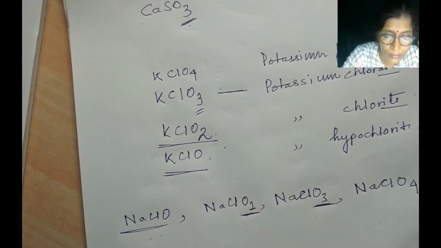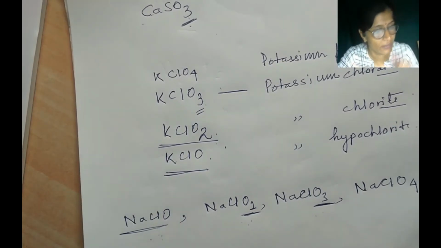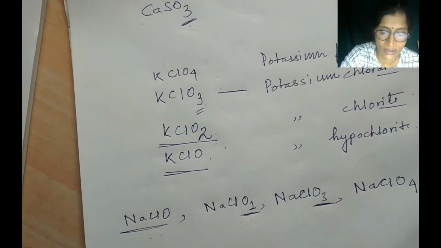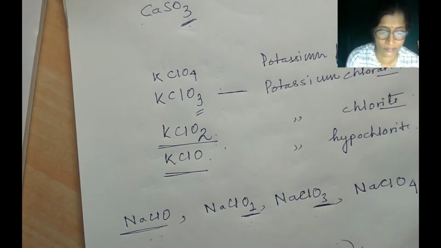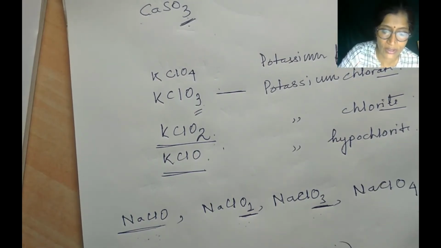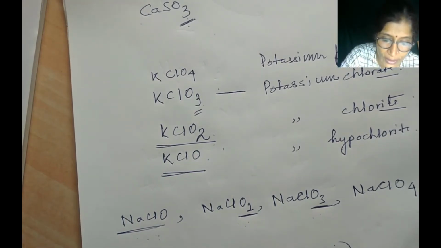Hydro, and then chlorine is there, so hydrochloric acid. And here bromine is there, so the name is hydrobromic acid.